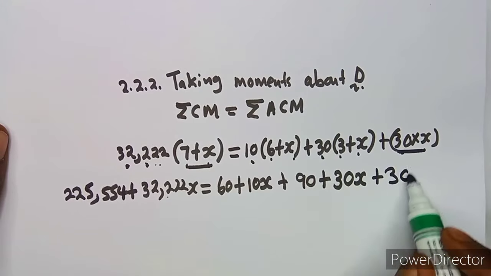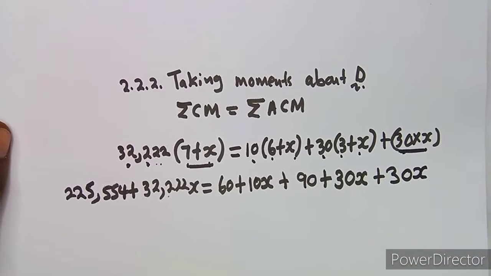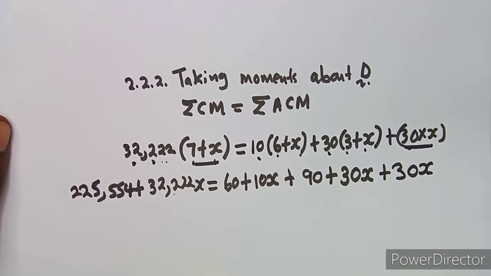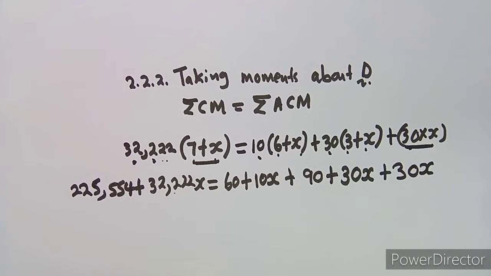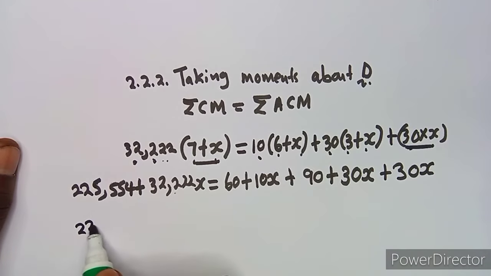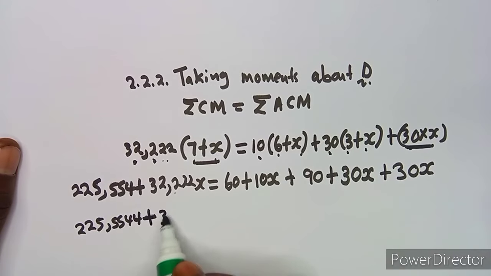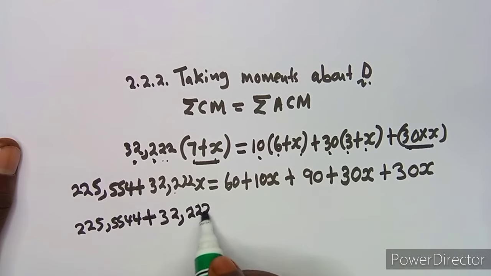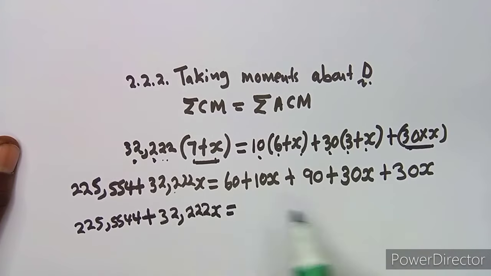So there's nothing there, guys. Remember from your mathematics, that's how you simplify this. Okay, then you just need to collect like terms. So let's just leave this for the meantime. Plus here 32,222X, which is equal, so I'm just going to combine the numbers.